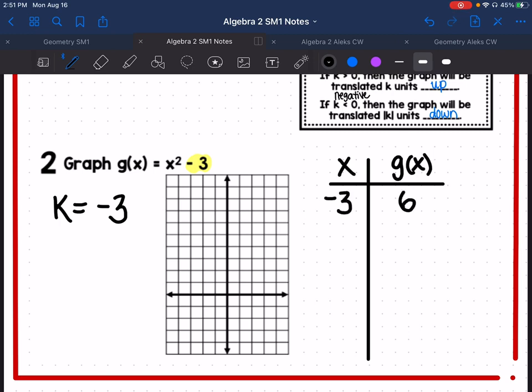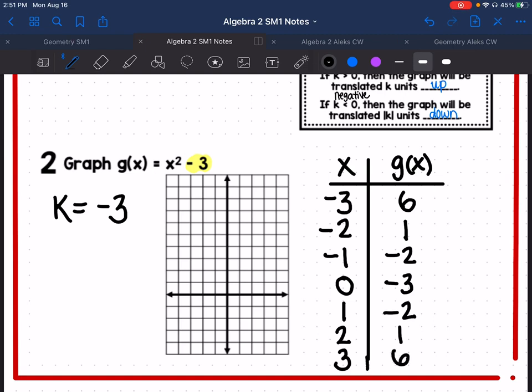So -3 squared minus 3 would be 6. -2 squared minus 3 would be 1. -1 squared minus 3 would be -2. 0 squared minus 3 would be -3. +1 squared minus 3 would be -2. +2 squared minus 3 would be +1. And lastly, 3 squared minus 3 would be +6.